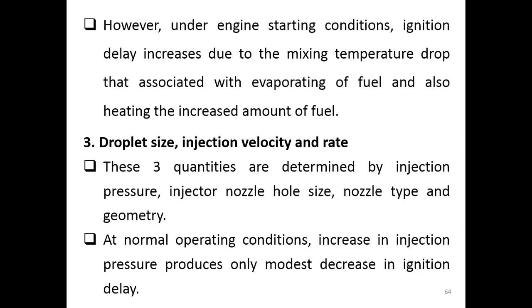The third variable is the droplet size of the fuel, the injection velocity, and the rate of injection. These three quantities are determined by the injection pressure, the size of the injection nozzle hole, the nozzle type, such as pintle type and multi-hole type, and also the geometry of the nozzle.